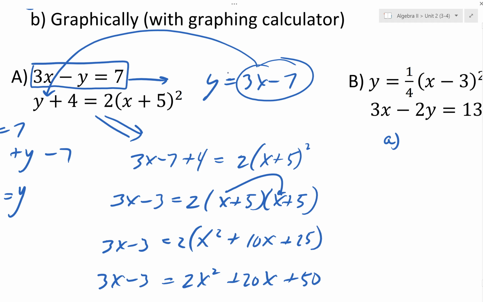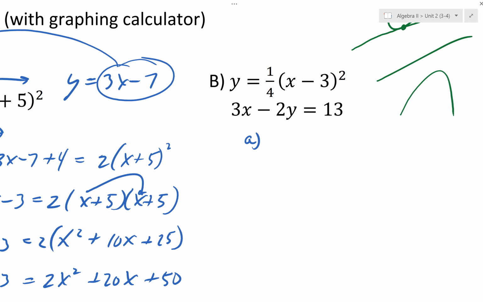But in this one, it looks like we already have y by itself in the parabola. So I can just leave it like that. That's what I'm going to use to substitute in place of this y in the other equation. So it doesn't matter if you're substituting the linear into the parabola or the parabola into the linear. It will work either way.